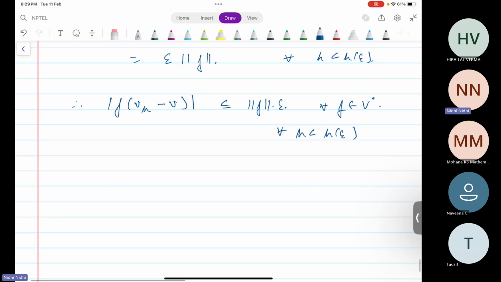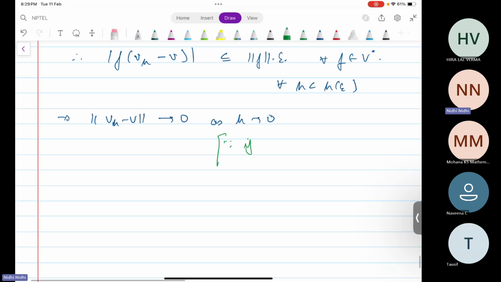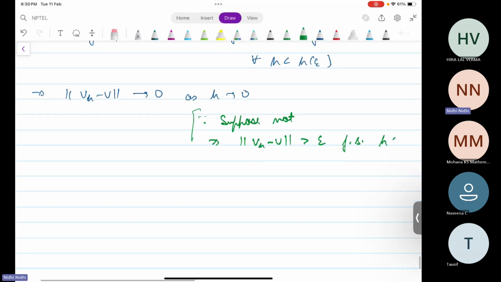So using this we can show that norm vh minus v should go to 0 as h tending to 0, because suppose not. In that case we have norm vh minus v greater than epsilon for some h less than h epsilon.